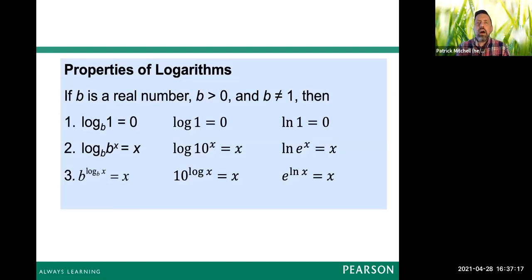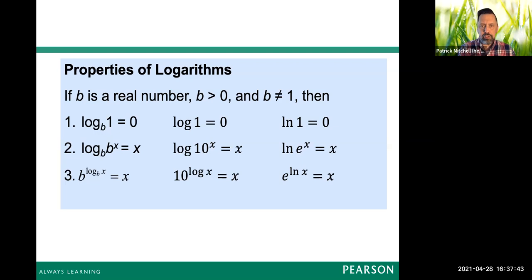Properties of logarithms, which we learned about in a previous section, the ones in the left-hand column: log base b of 1 equals 0, log base b of b to the x equals x, and b to the power log base b of x equals x. Those can be written in terms of common and natural logarithms.